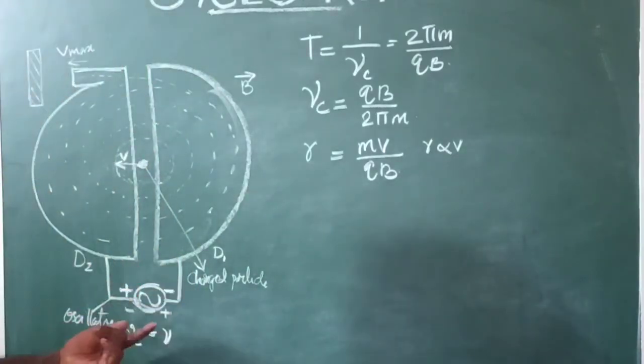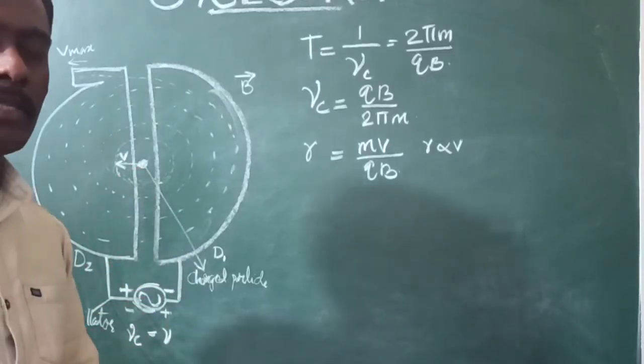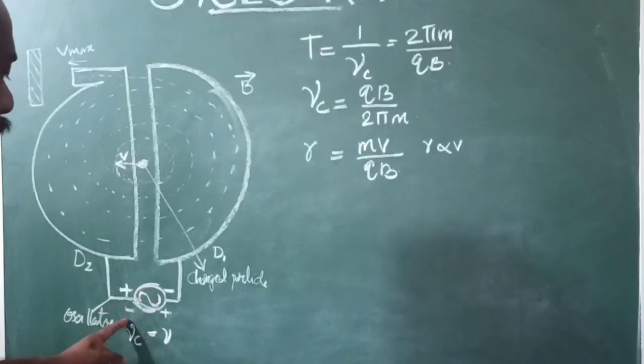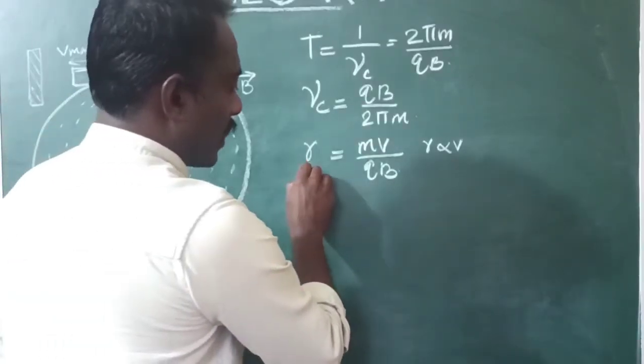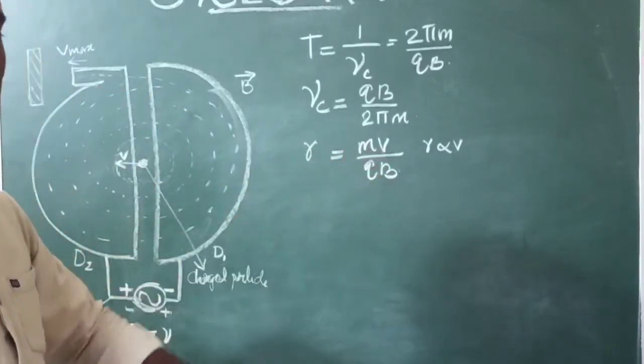As I said, the frequency of the particle and the frequency of the cyclotron are maintained equal with the help of this oscillator. The radius of the particle is R equal to mv divided by qB.